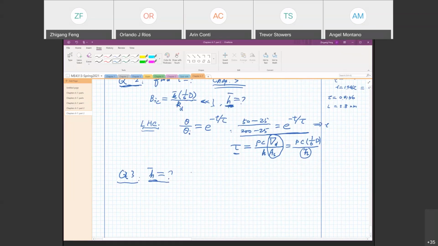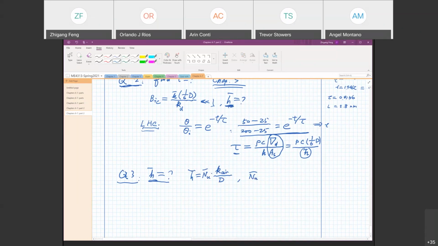h equals the Nusselt number multiplied by k of the droplet, my bad, k of the fluid. This is where you can easily make a mistake. k of the air: when we compute the convection, it's about the fluid property. Divided by the diameter of the sphere. And the Nusselt number, this is the case for a droplet.